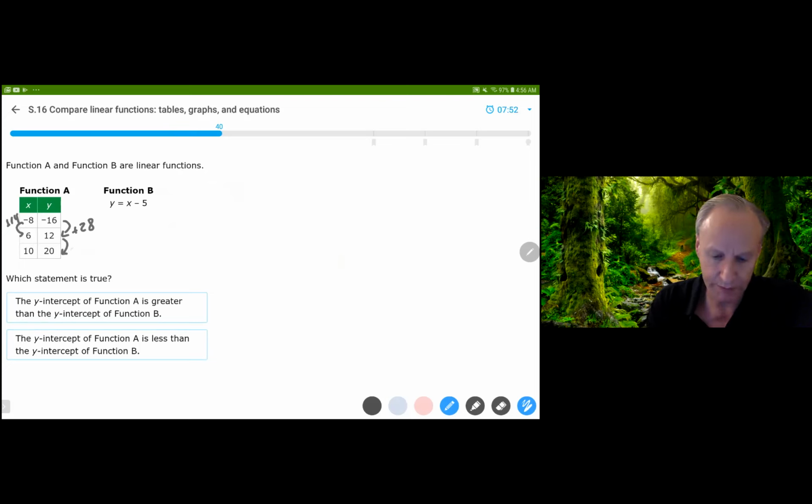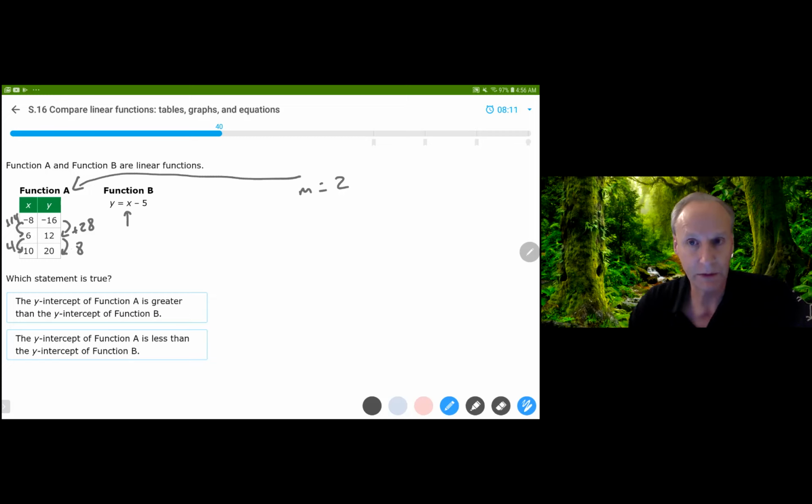This one went up by 8, and this one went up by 4, which is also, of course, a slope of 2. So the slope is 2 for function A. So function A has a slope of 2. Function B, of course, the slope is just 1. It's the coefficient on that x. Remember, if you don't see a number in front of a variable, there is automatically a 1 there. There also happens to be a 1 in the exponent, but anyway.